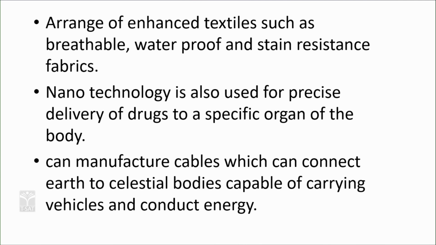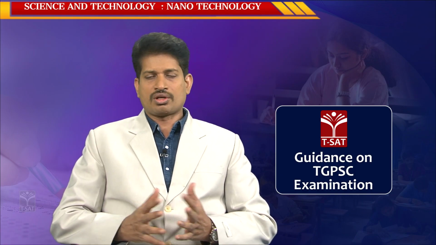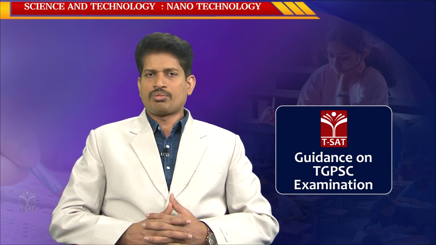Stain resistant materials: if there is any tea or coffee stain on your clothes, it looks odd. But there are certain fabrics which are not stained unnecessarily. So, stain free clothes can also be made with the help of nanotechnology.